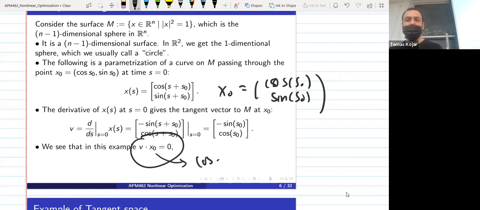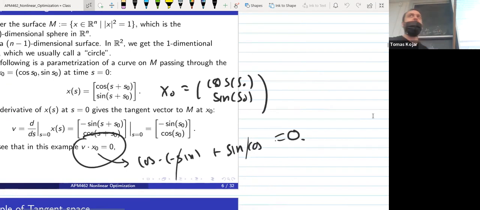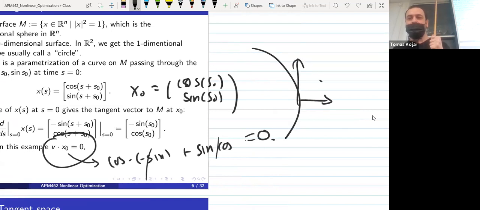You have cosine times minus sine plus sine times cosine, so they cancel out. Yeah, okay, intuitively it works. What was your first name again? Abby. Okay, good. So the tangent vectors are always normal to the gradient of G. That's basically the intuition here.